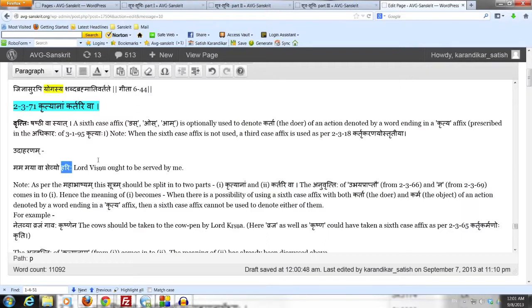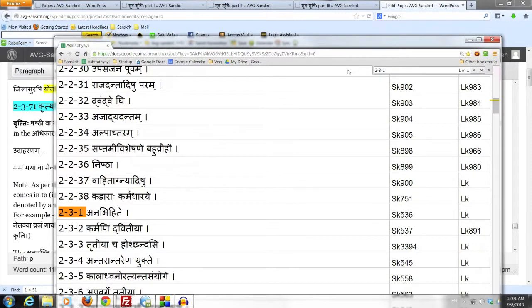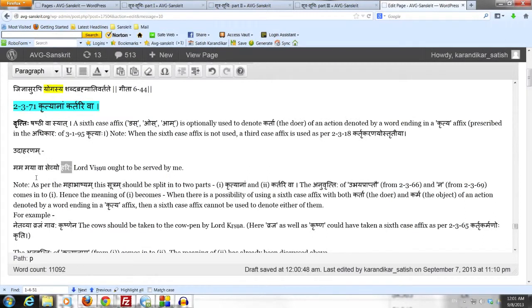Hence, there is no question of the pratipadikam which denotes the object taking a sixth case affix, because remember the adhikara of anabhite, which runs down from 2.3.1 throughout this third quarter of chapter 2 of the Ashtadhyayi. So when the object becomes abhitam, there is no question of using 2.3.65, and hence there is no sixth case affix following hari, the object of the action.